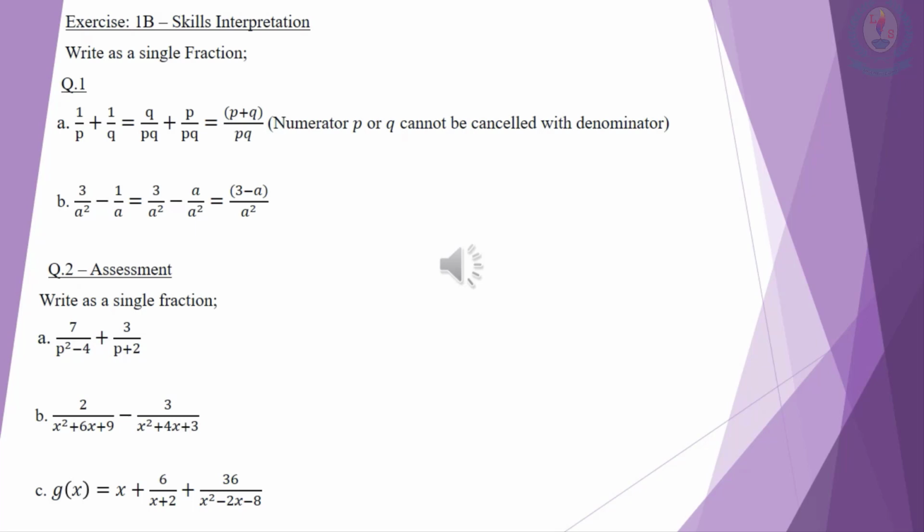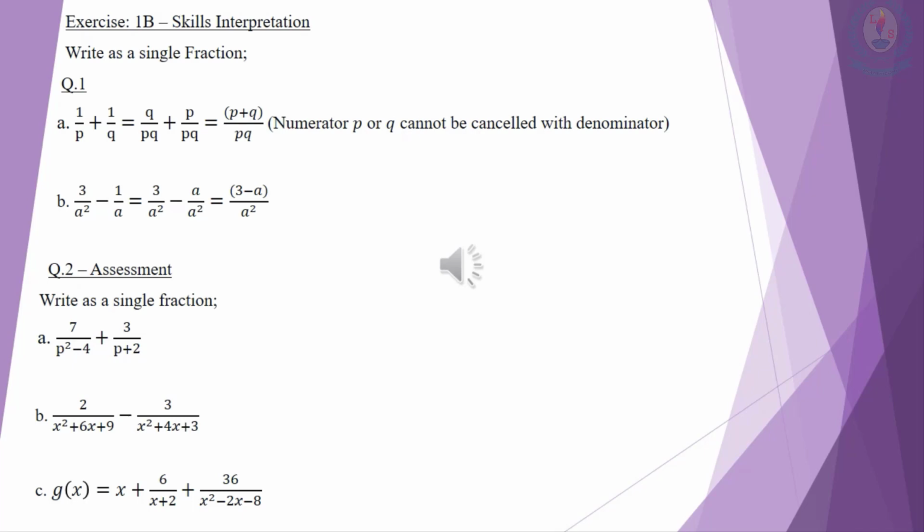Question 2, assessment. Write as a single fraction. Part A: 7 divided by p squared minus 4 plus 3 divided by p plus 2. Part B: 2 over x squared plus 6x plus 9 minus 3 over x squared plus 4x plus 3.